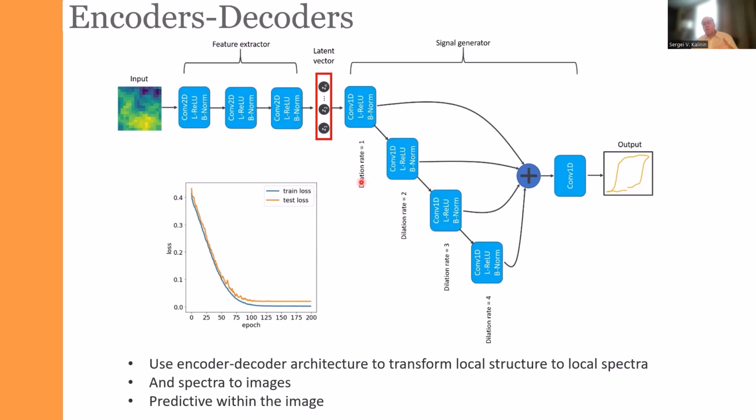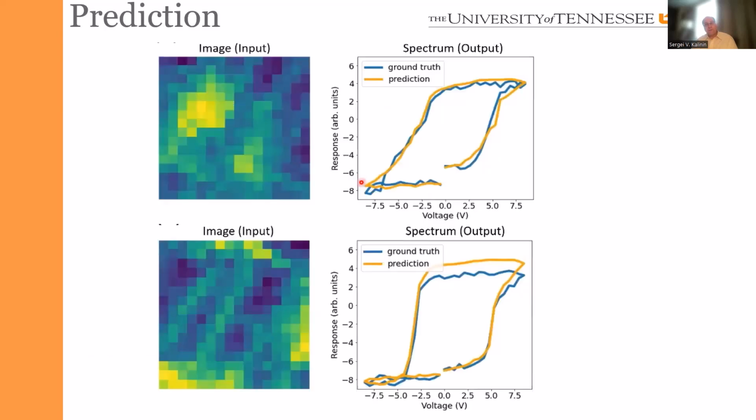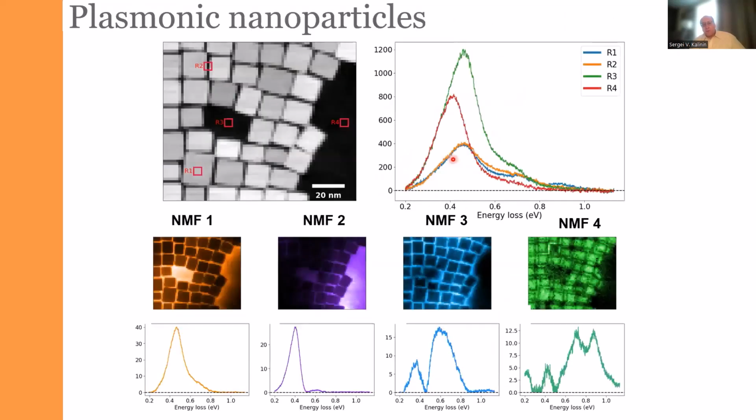Encoders, decoders is how you do it when the data is already acquired and you don't need to do active learning. So these are a few examples when we did it for PFM data. So this is our input, this is our output, and you compare the prediction and the ground truth. So they're very close.